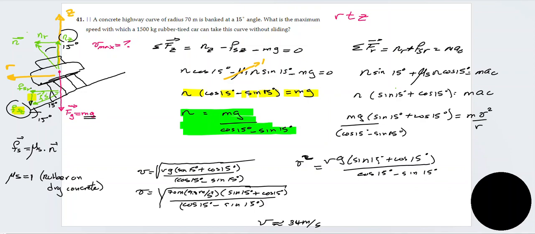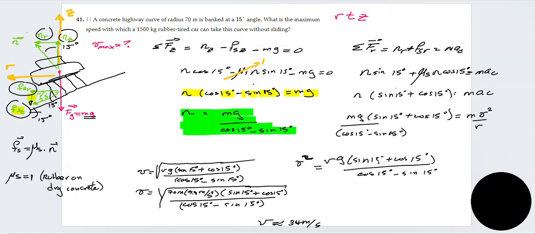We have the radial component of the normal force, which is this one pointing in the direction of the r-axis, plus the radial component of the force of static friction, which is this one also pointing in the direction of the r-axis, and this will be equal to the product of the mass times the centripetal acceleration, because as it's moving in a circular motion, this car basically will have a centripetal acceleration, so the net force will be equal to the product of the mass times the centripetal acceleration.